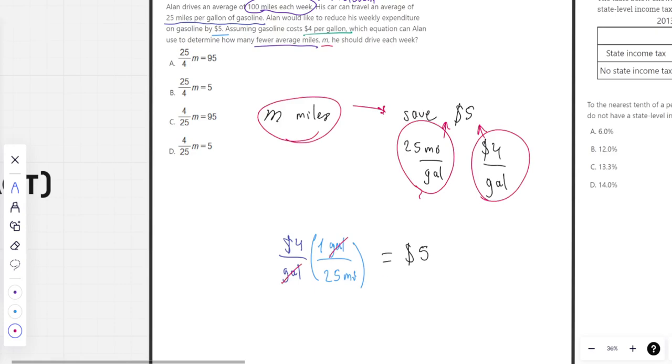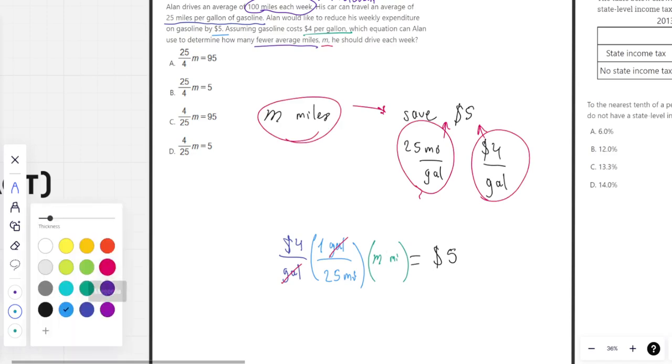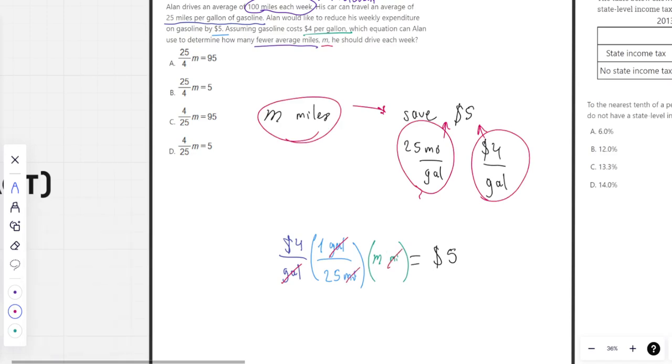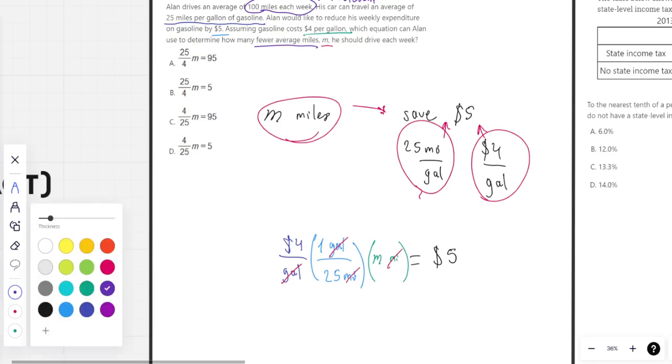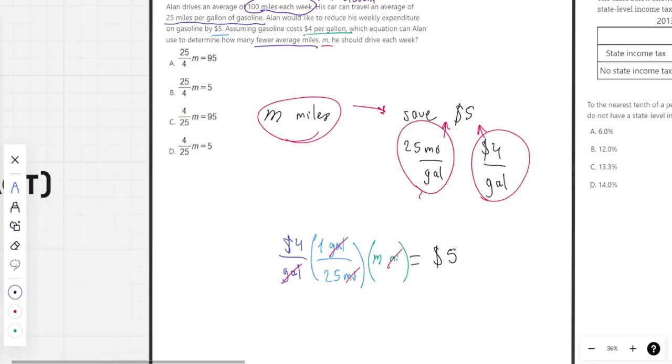And the last thing we haven't used yet is the M miles. So I'll just put in M miles, and that'll cancel out my units of miles. So the whole thing ends up being 4 over 25 M equals 5.